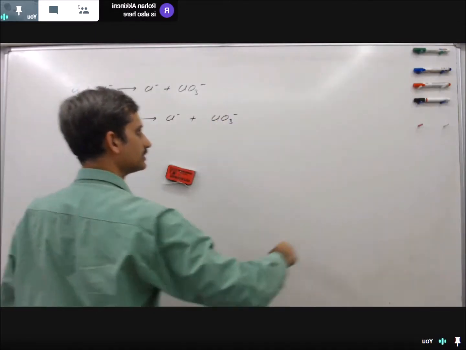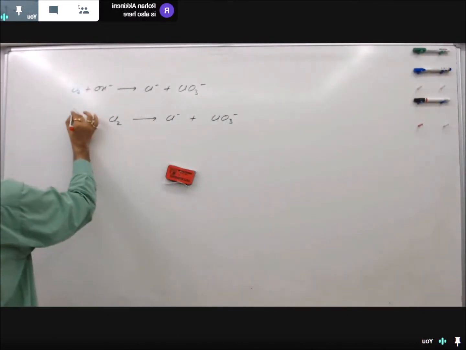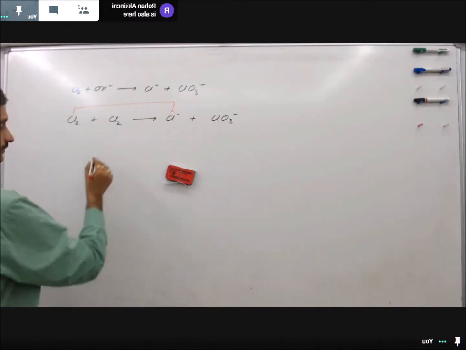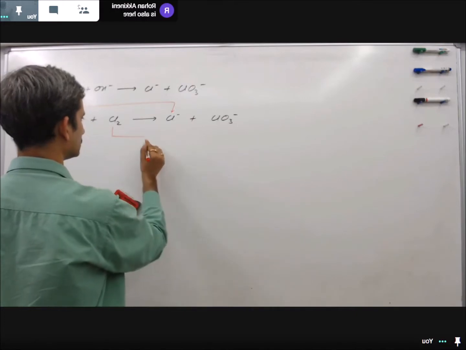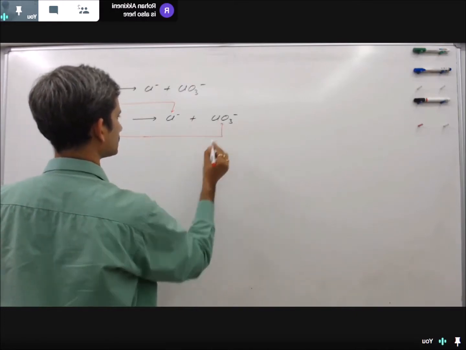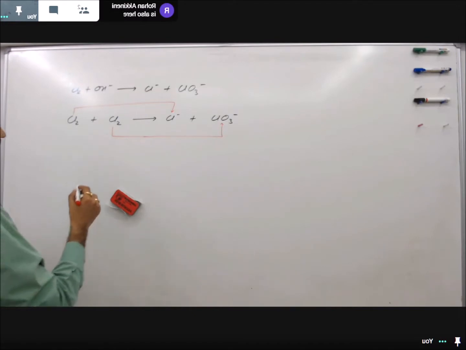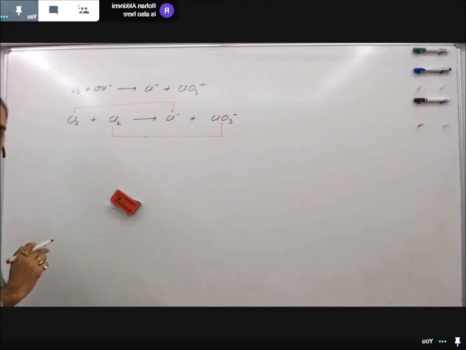What we now consider is that this Cl2 is giving us this Cl minus, while this Cl2 is what's given us ClO3 minus.